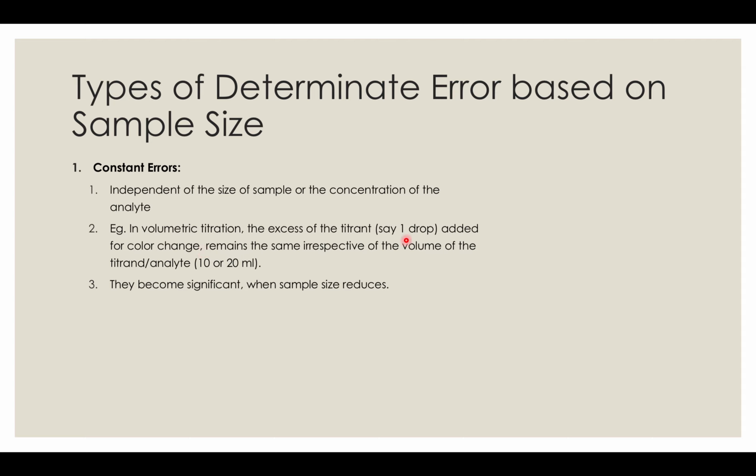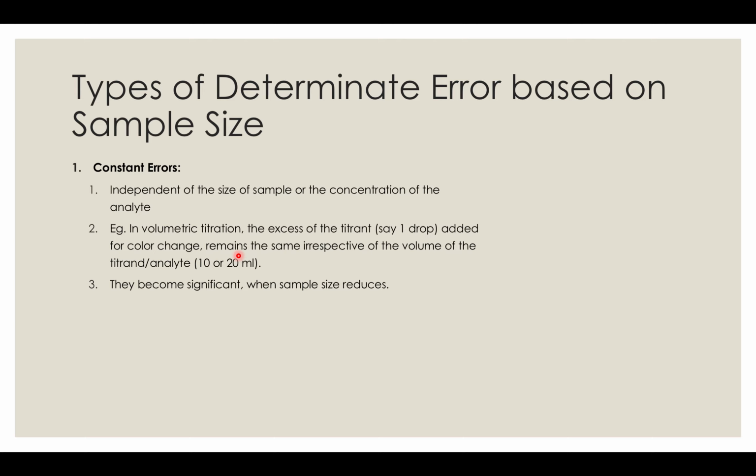How can you calculate that? 0.01 divided by 10 into 100 gives a value. Similarly, 0.01 divided by 20 into 100 gives a value. The value that you get for the 10 ml would be a little bit higher.